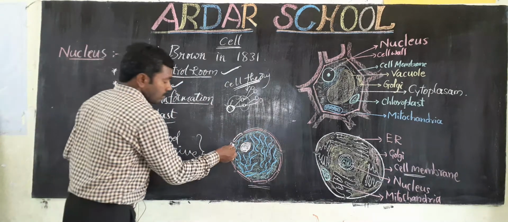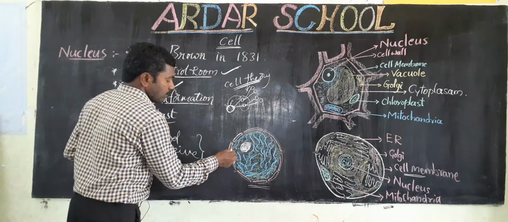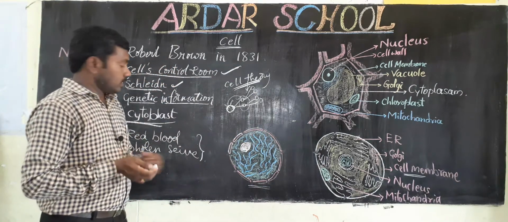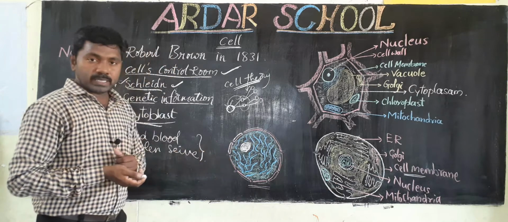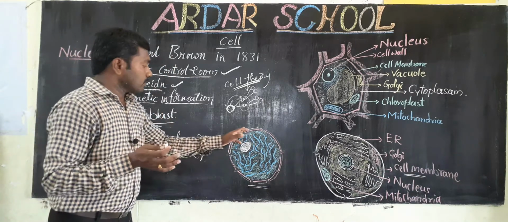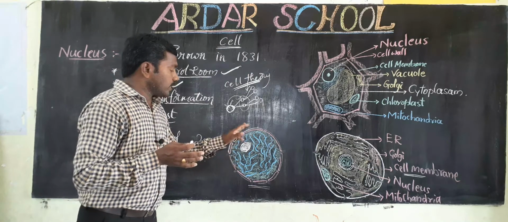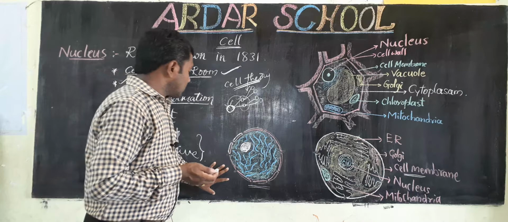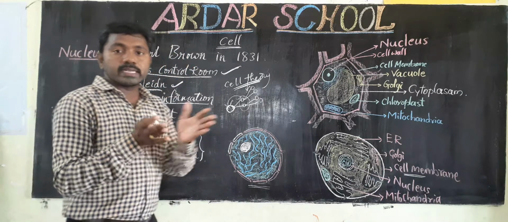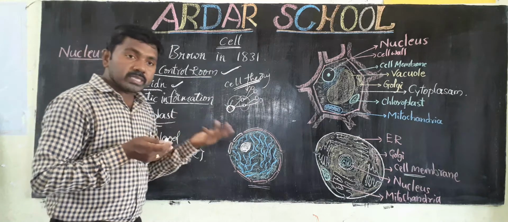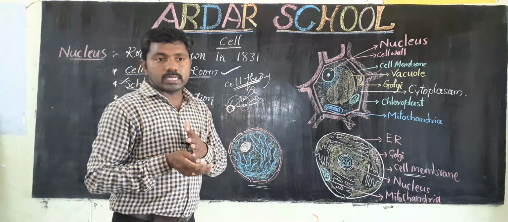Next one, children, depends upon this layer, the nuclear membrane. Depending upon the nuclear membrane, we categorize cells. In some the membrane is present, but in some it is absent. Mainly depending upon the nucleus, we can categorize cells into two types, eukaryotic cells and prokaryotic cells.